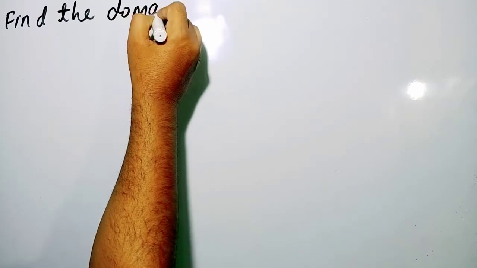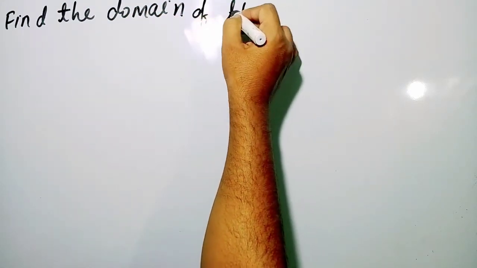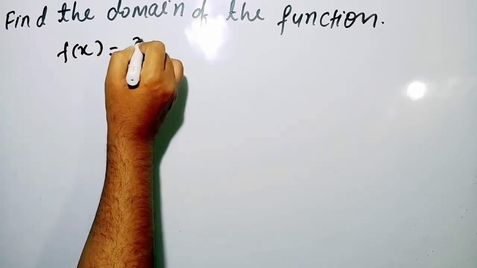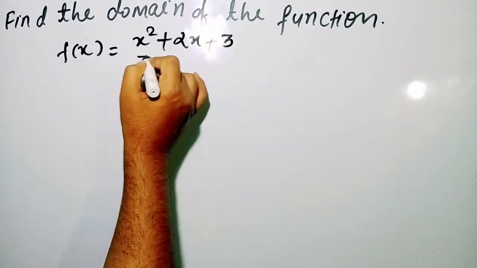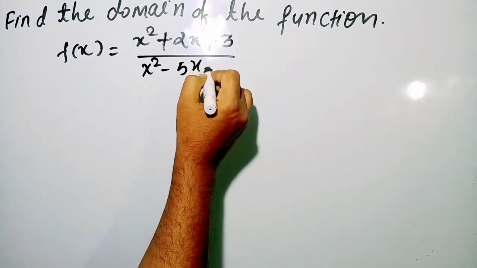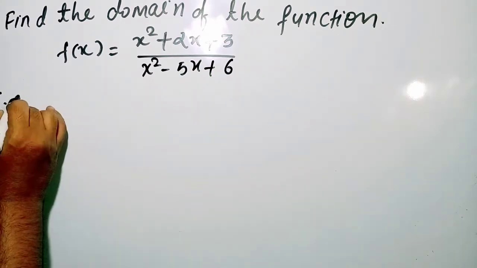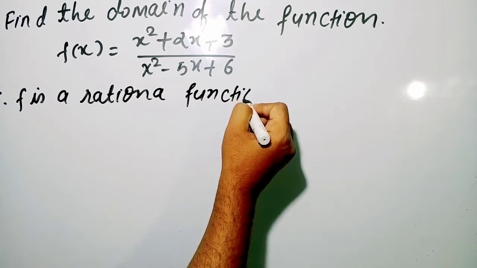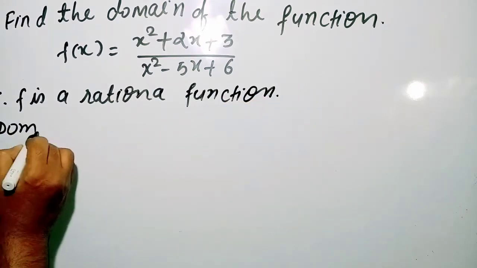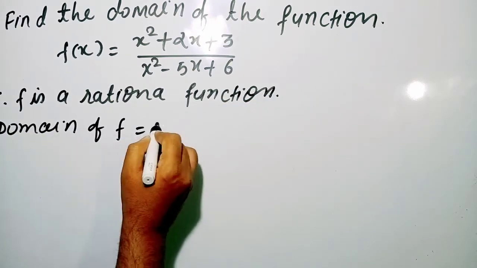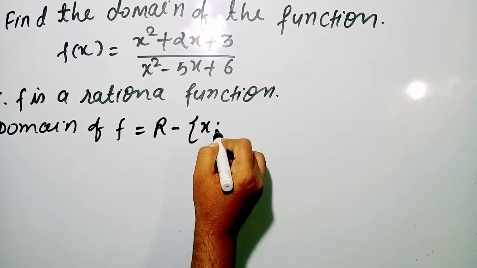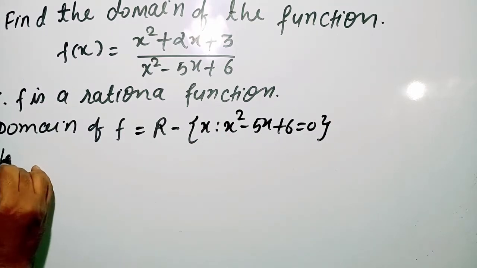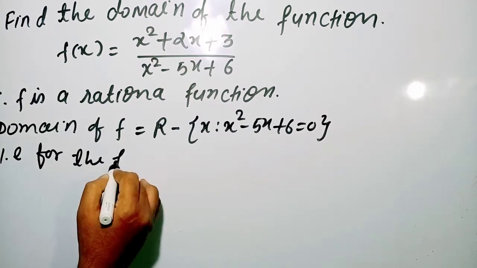Find the domain of the function f of x is equal to (x square plus 2x plus 3) divided by (x square minus 5x plus 6). So whenever we want to find the domain of these kinds of function, take the denominator not equal to 0. So the domain of f is equal to R minus the zeros of the denominator.